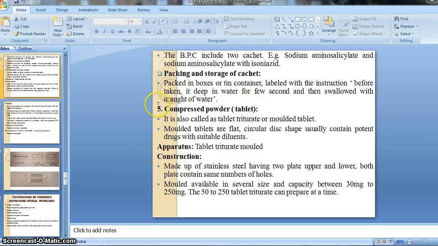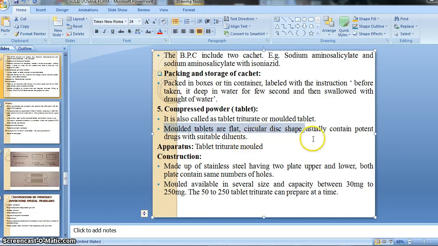Compressed powder is also called tablet triturate or molded tablet. Molded tablets are flat or circular disc shape, right?